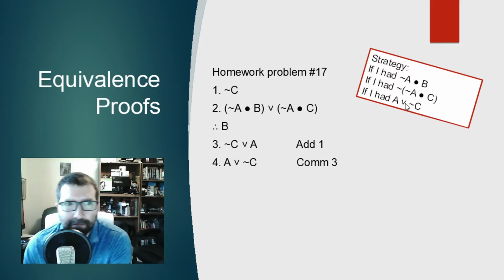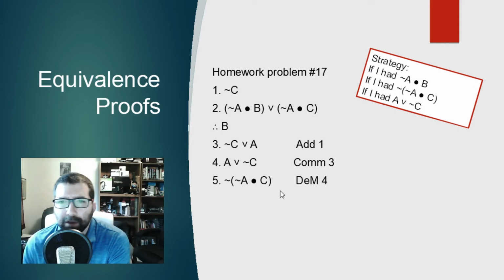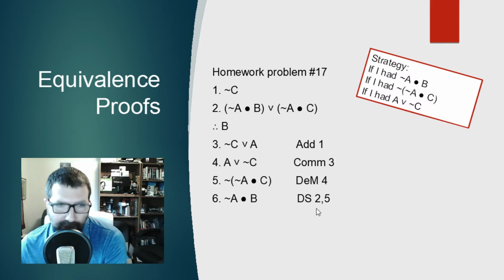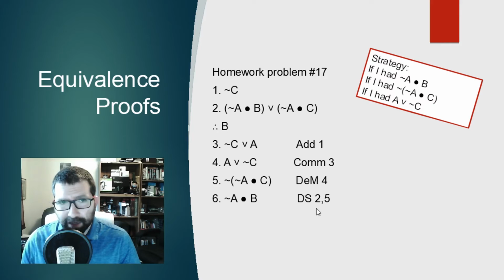We're now on the path towards the end. And we said once we get this, we would De Morgan it, right, in order to get this next statement, not A and C. Then from there, once we have it De Morgan, we notice this is not this half of number 2, which gets us not A and B, disjunctive syllogism on 2 and 5. And at this point, like I said, you're there at the end. You've discovered what you're looking for.